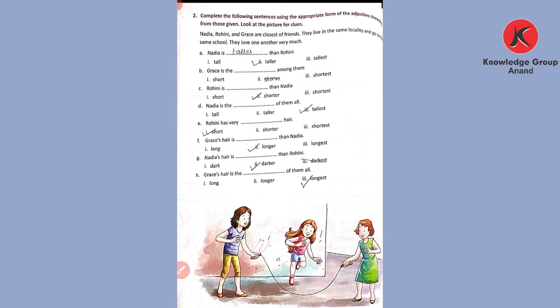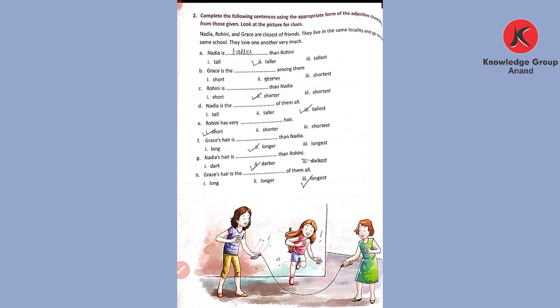Rohini has very short hair. You can see the third girl has very short hair. Grace's hair is longer than Nadia's. Grace has very long hair, longer than Nadia. Nadia's hair is darker than Rohini's. Among the other two girls, Nadia's hair is darker. Grace's hair is the longest of them all.